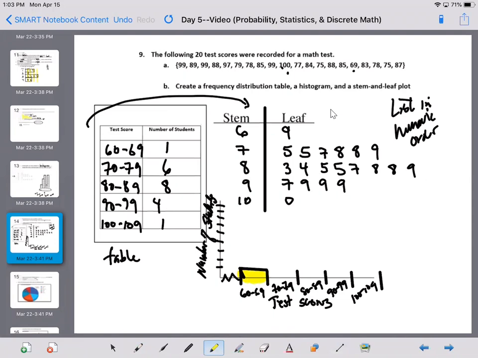And so we would see from 60 to 69, there was 1. From 70 to 79, there's 6 of them. So 1, 2, 3, 4, 5, 6. 80 to 89, there's 8. 90 to 99, there's 4.